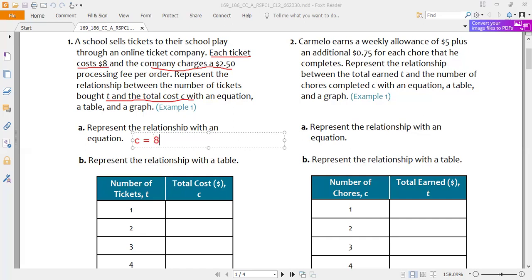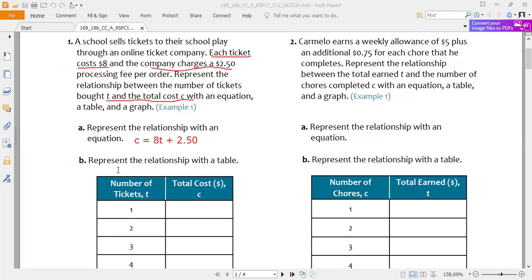So I will write 8t because the price of one ticket is 8, plus the company fee is 2.50. Now this is an equation which represents the given word problem. First we write total cost is equal to 8 times t plus 2.5.